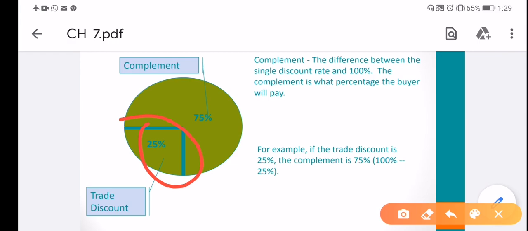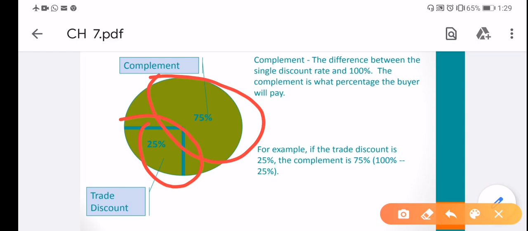So the rest, which is 100% minus this 25%, which is 75%, is called the complement. So I can directly multiply the complement with the list price, and I get directly how much I should pay.